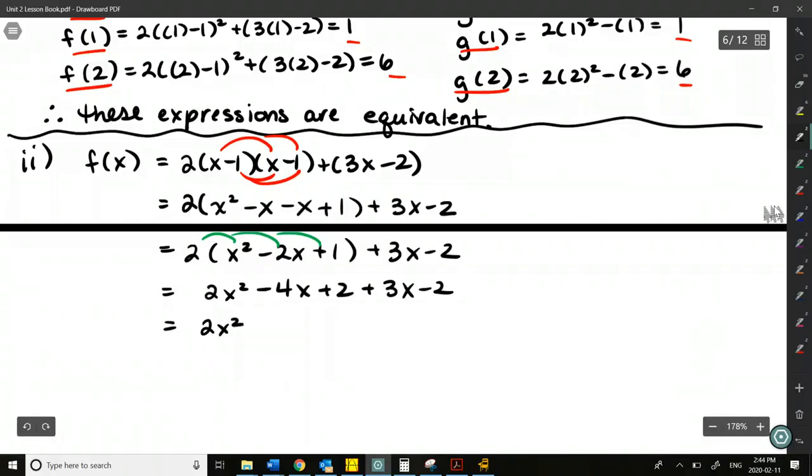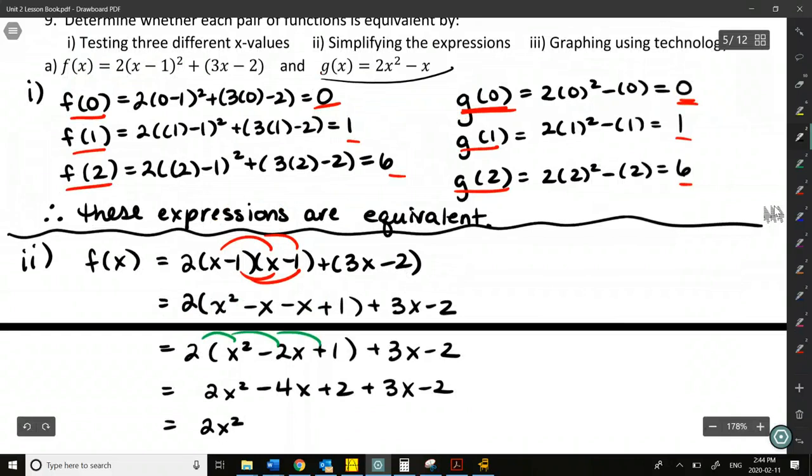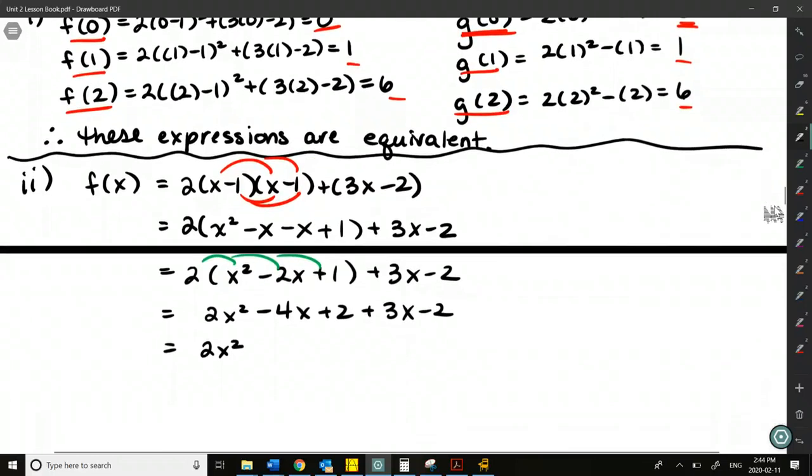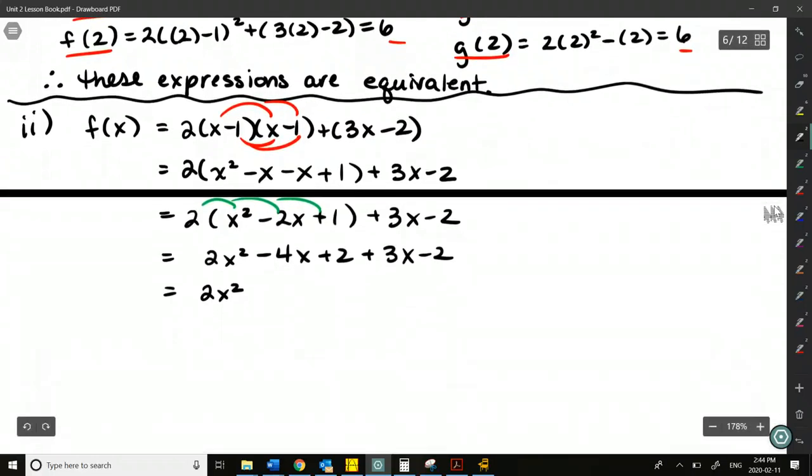And if the expressions are equivalent, when this is expanded and simplified, I would expect to get g at x. If they're not, and I don't get g at x, then there might be something wrong. Or they're just not equivalent, right? So here I get negative 4 plus 3x, so that's negative x, and 2 and negative 2 cancel.